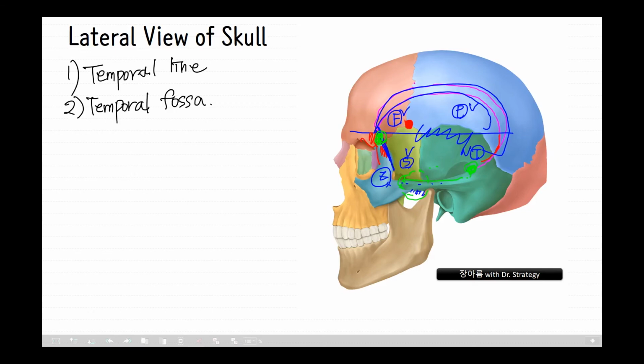So I will write down the contents of this temporal fossa. Anterior and posterior deep temporal artery and vein.